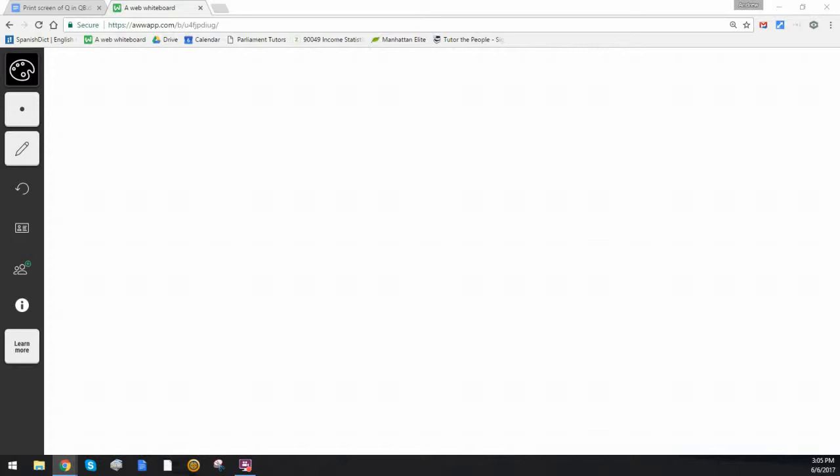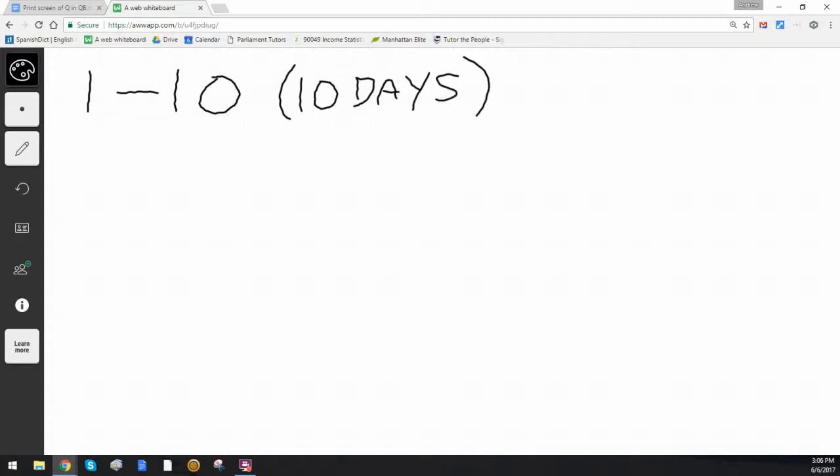Okay. Now we know that from the 1st to the 10th of June, which is 10 days, this was before the first transaction. There was $1,000 in the bank account each day. And then on the 11th there was a withdrawal of $350.